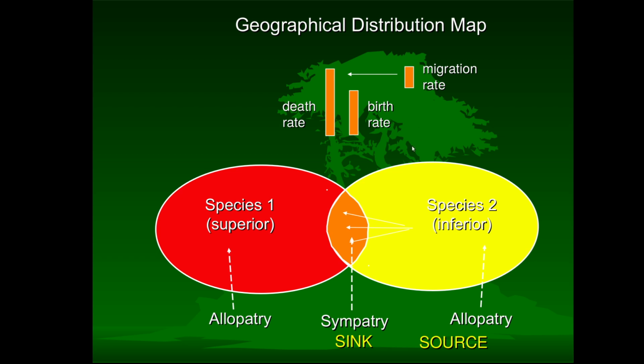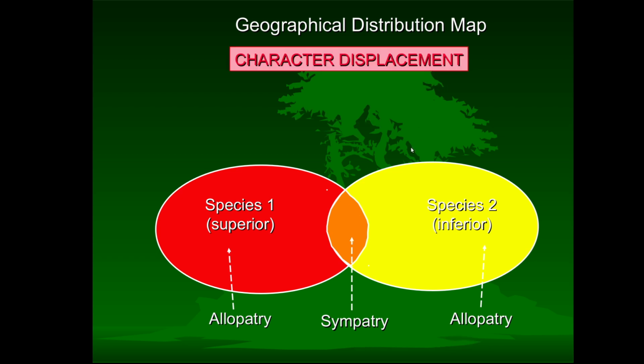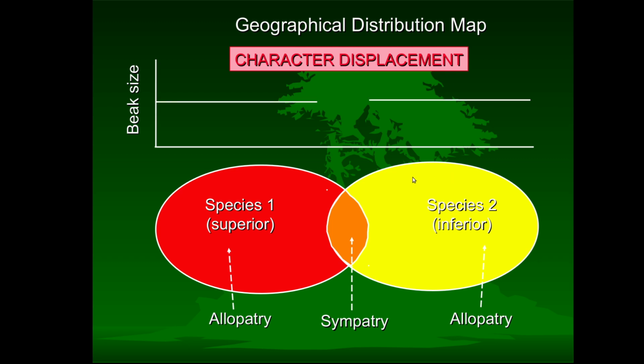Well, one way is called character displacement. In other words, traits that are related to consumption of a limiting resource evolve to be different between the two competing species while they are in sympatry. So, character displacement is just the observation that the difference between two competitors in some trait is greater in sympatry than in allopatry.